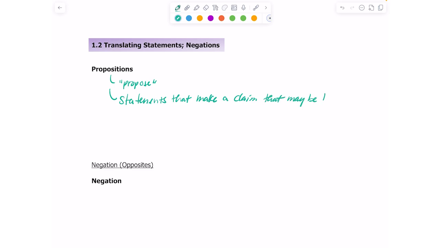Every proposition must have the structure of a complete sentence, and it must also make a distinct assertion or a denial. So it's really important that it's a complete sentence and not an incomplete thought.